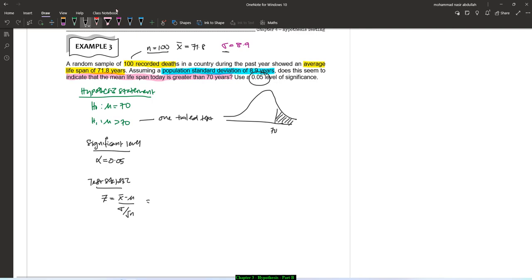We just plug in the values. x bar is 71.8 minus mu equal to 70, divided by sigma, 8.9, over square root of 100. So this should be equal to how much? Can you calculate for me the value of Z?